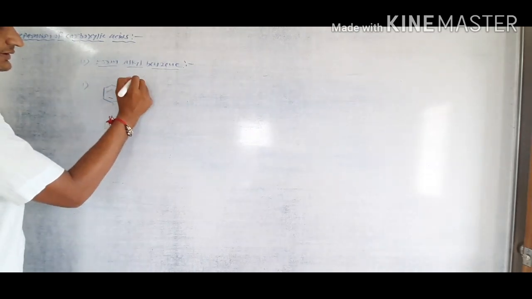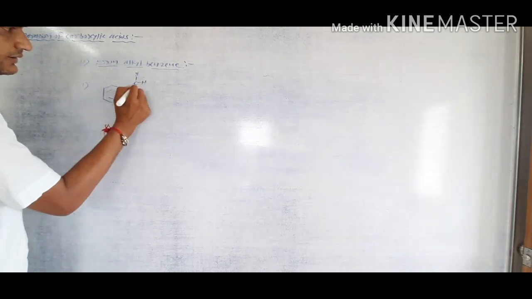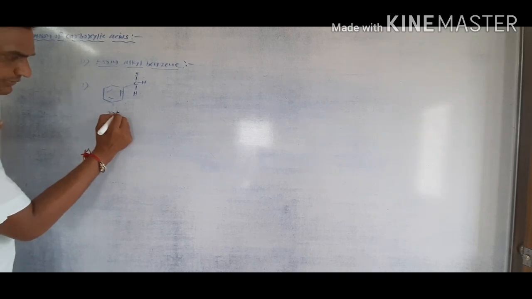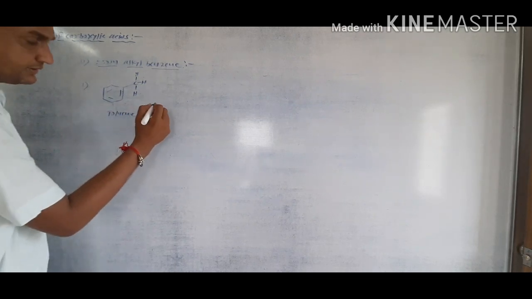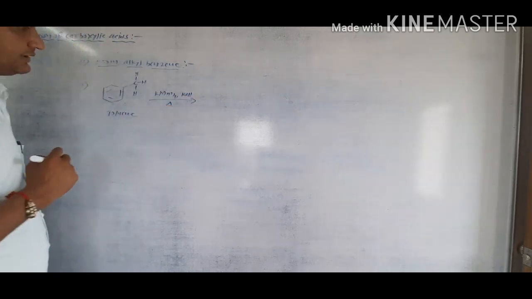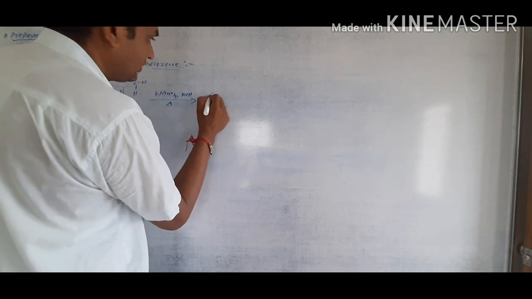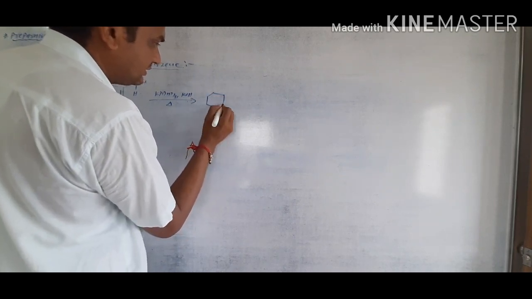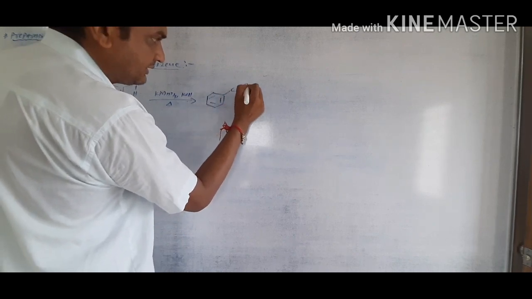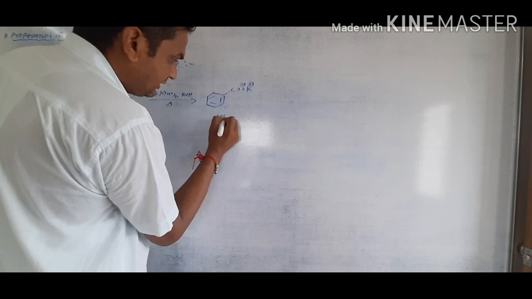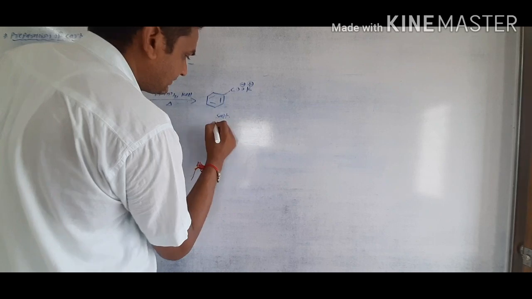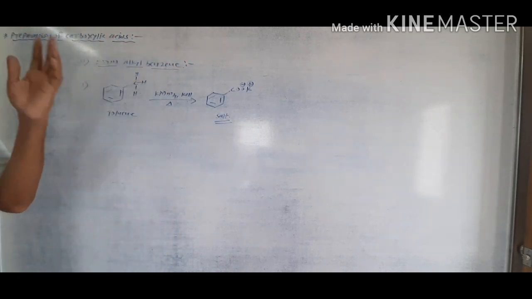Here there are three hydrogens, means toluene reacts with KMnO4 plus KOH and heat to give directly the corresponding salt of COOK plus salt, the potassium salt of carboxylic acid.